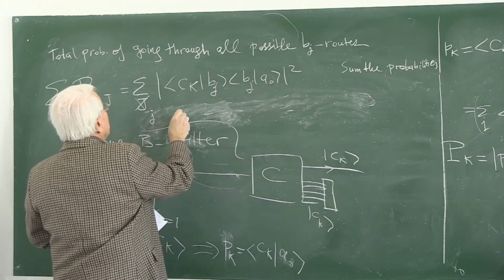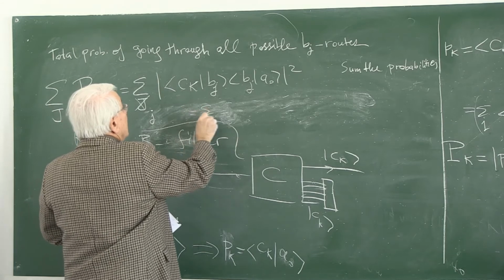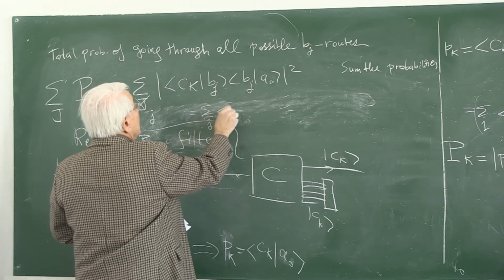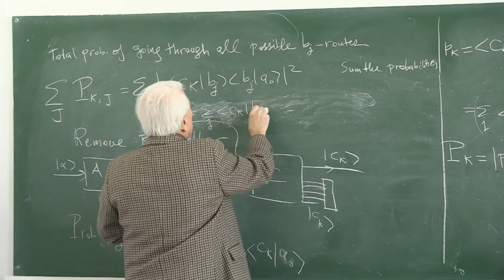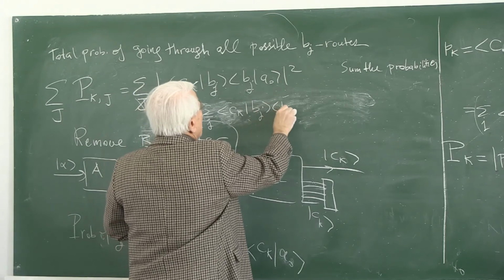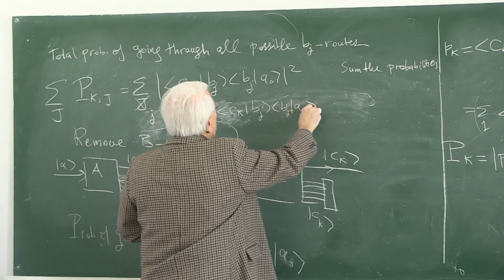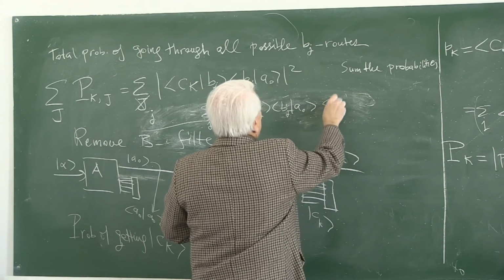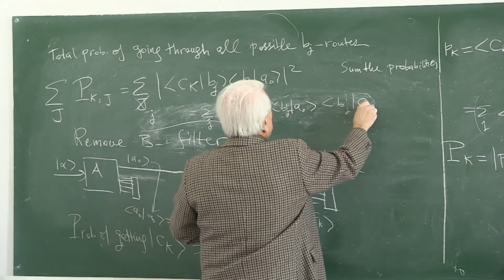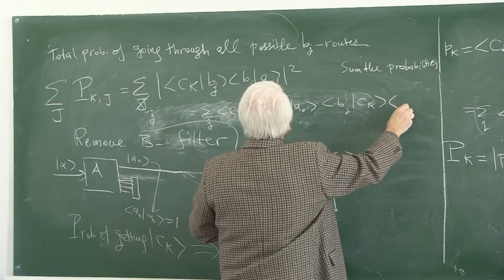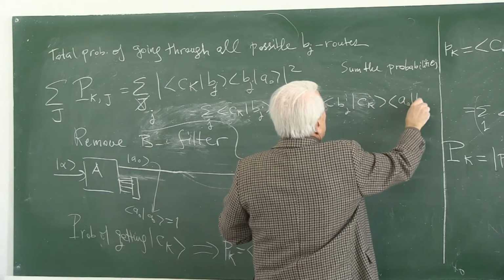Single summation, so it becomes sum over j, ck, bj, bj, a0, and its complex conjugate, bj, ck, and a0, bj.